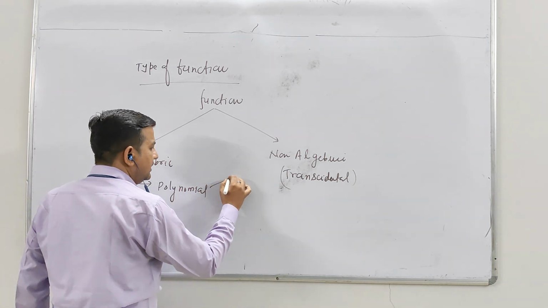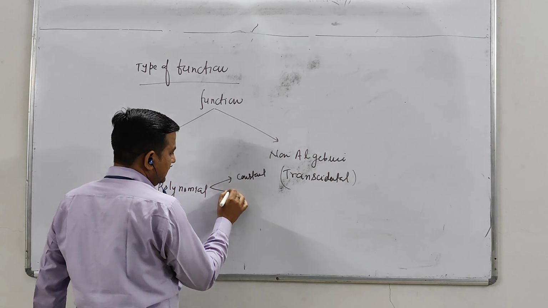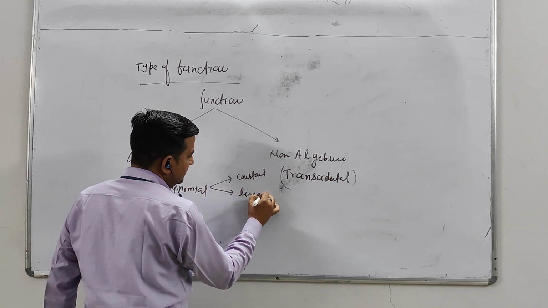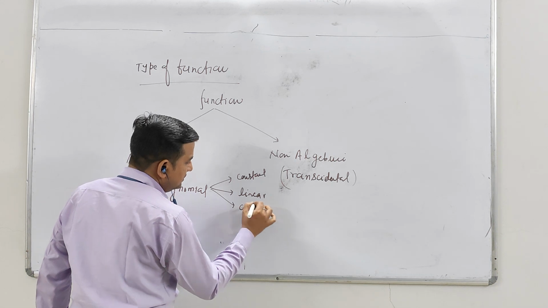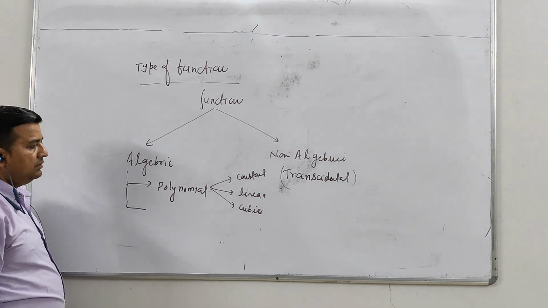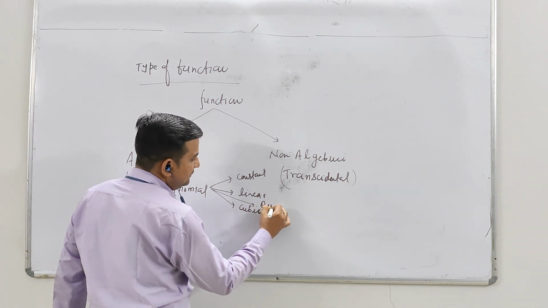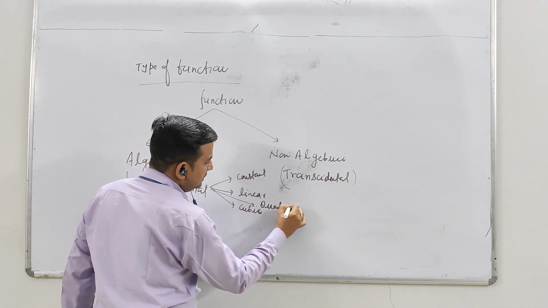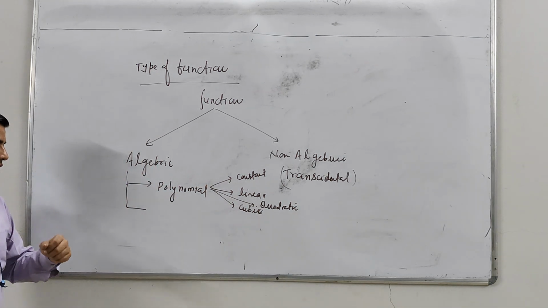In case of polynomial, there are the constant function, second is linear function and cubic function. Mainly these three functions are considered, and one function is missing, and that is the quadratic function. Okay, it is considered in a polynomial.